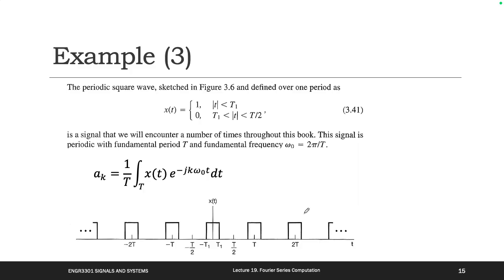Okay, and then from negative T1 to T1, since from here to here only during this part you have value. The other part doesn't have value, so your equation should be similar to this one, right? And your xt equals 1, right? For now, here we just calculate the A naught.